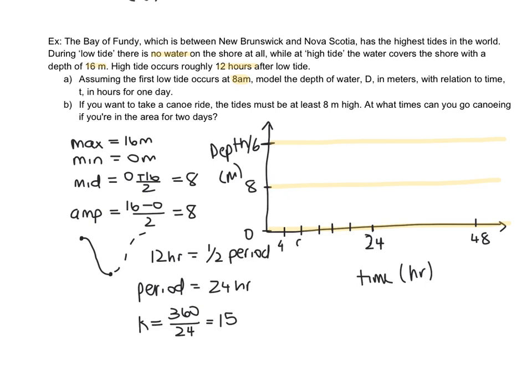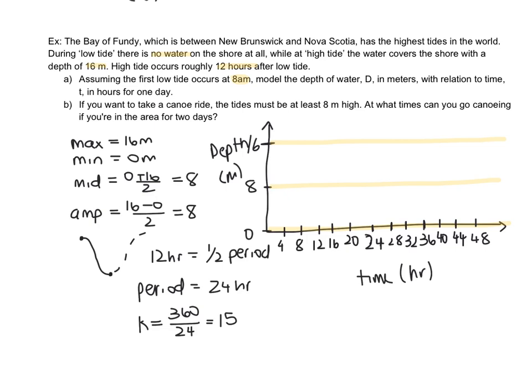So 4, 8, 12, 16, 20, 24. And then again, I'll break this up into 6 pieces here. And then from 24, I will go to 28, 32, 36, 40, 44, and then 48.